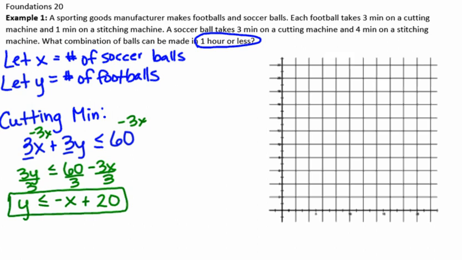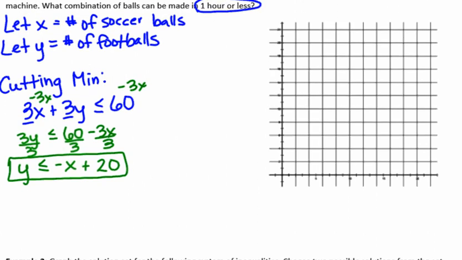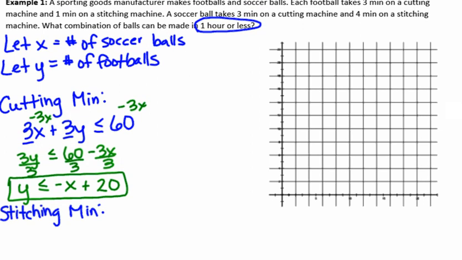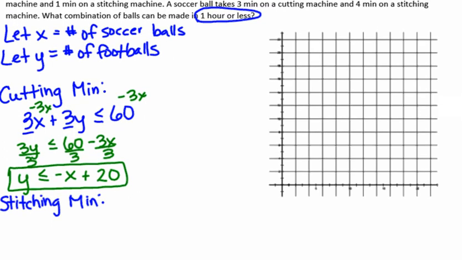Now we want to do that exact same work for our stitching minutes. So in terms of stitching, our football needs 1 minute on the stitching machine, and our soccer balls need 4 minutes. So x is our soccer ball, so 4x plus 1y.